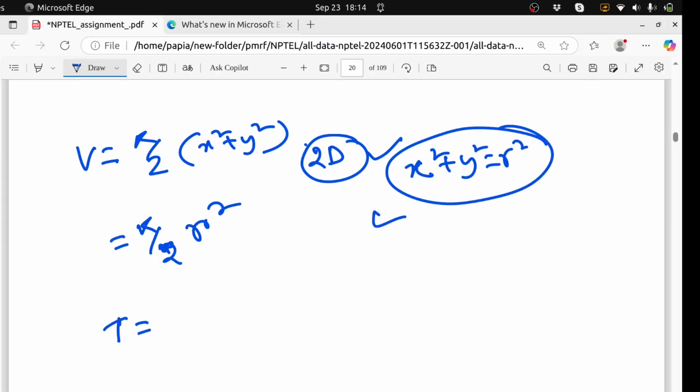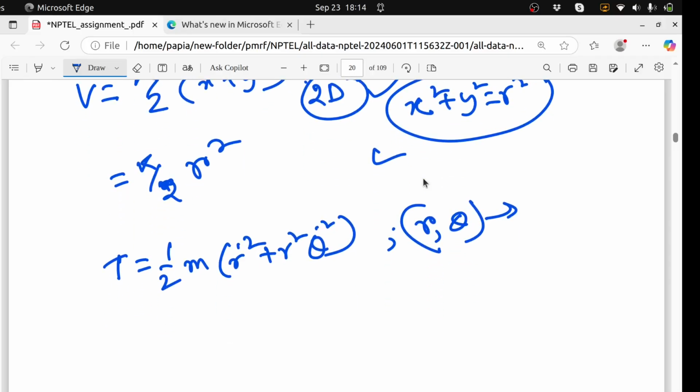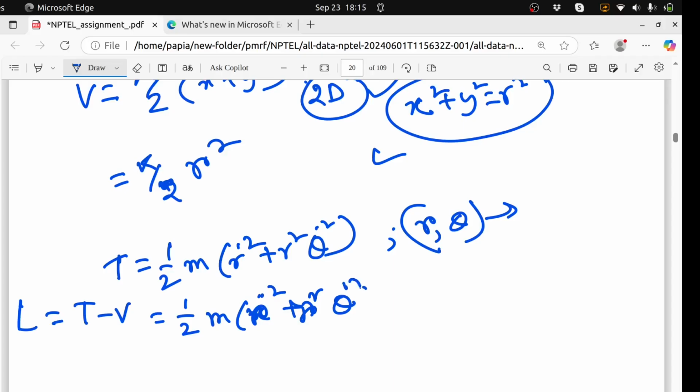So our T is half m times r dot square plus r square theta dot square. So now you can see that r and theta, these two were there, and I have my L as T minus V, which is half m times r dot square plus r square theta dot square, minus k by 2 r square.